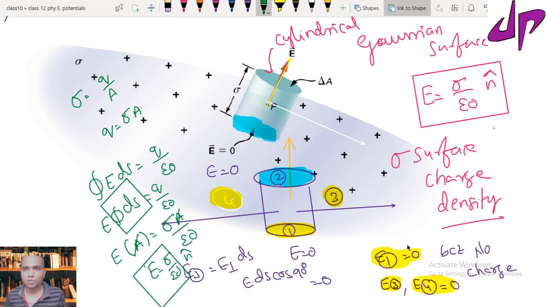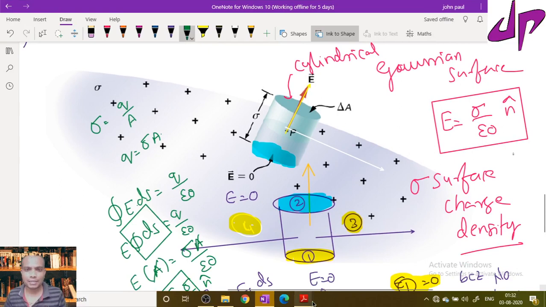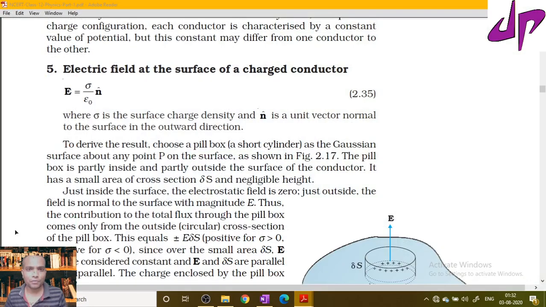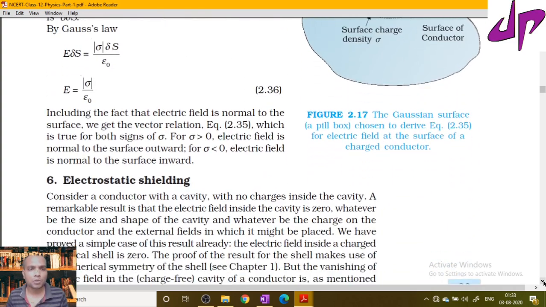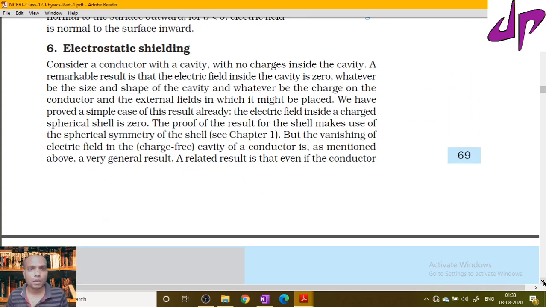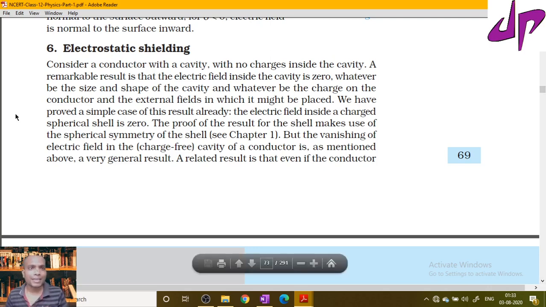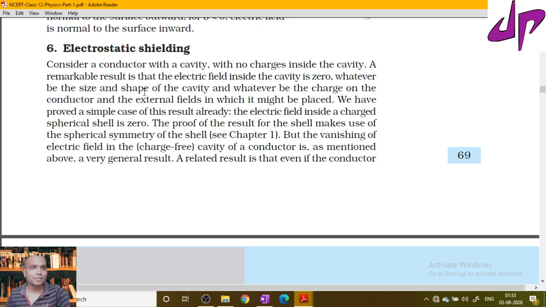From this property we can understand that the electric field at the surface of a charged conductor is E equal to sigma by epsilon naught. Now the next property is known as electrostatic shielding.